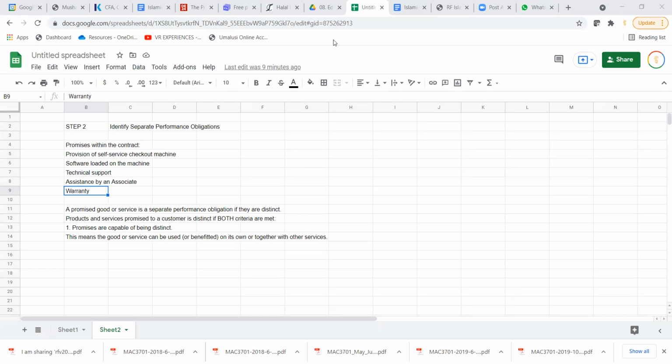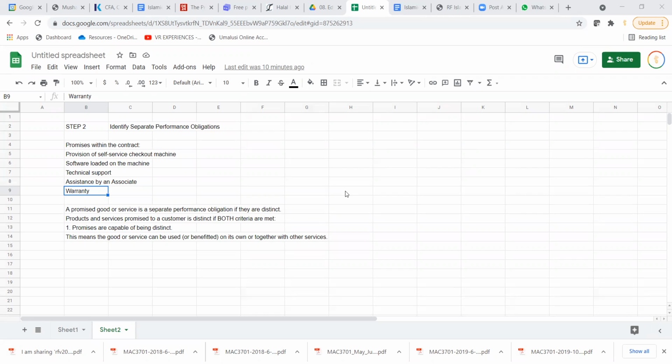Okay, so why is this important? Because there's quite a bit of guidance in the standard regarding a warranty. It depends on the structure of a warranty, whether a warranty is a separate performance obligation or not.